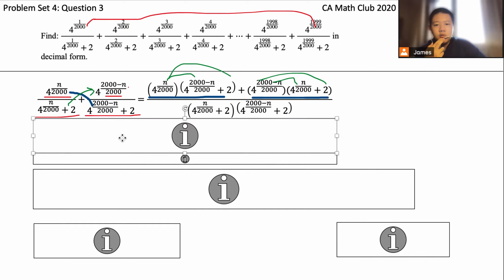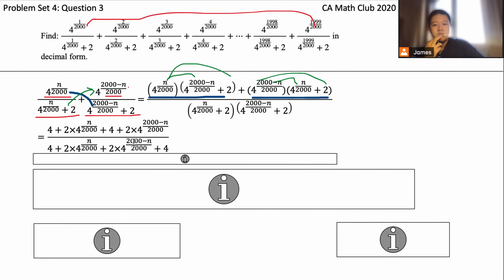Here, I just typed it out because it would take me so long to write down. You would distribute them, and when you have 4 to the n over 2000 multiplied by 4 to the 2000 minus n over 2000, you are simply adding up the powers.